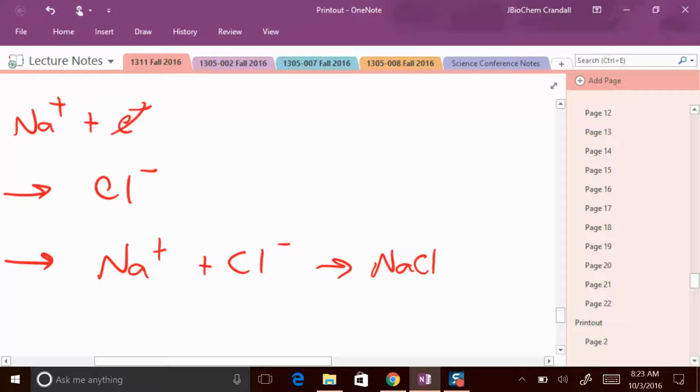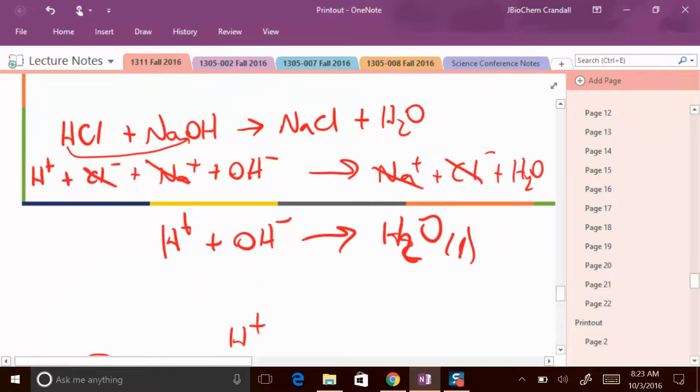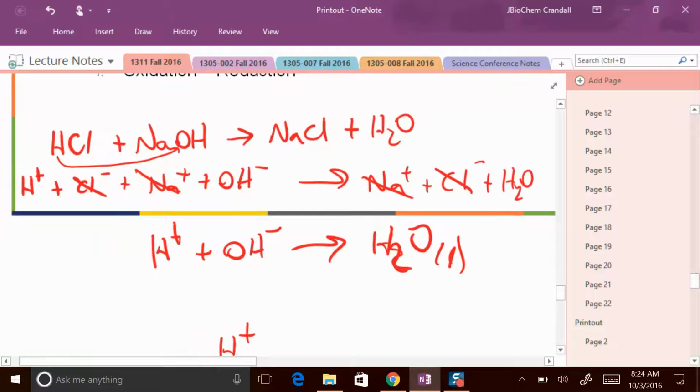Oh, well, this is oxidation reduction. But in acid-base, we did make salt as well here. But this was aqueous. These things are still dissolved, but if you evaporated the water, you would end up with sodium chloride, NaCl. Same kind of thing. You have this really reactive acid, right? And you have this really reactive base, a really strong acid, a really strong base. You put them together, they react, and same thing.